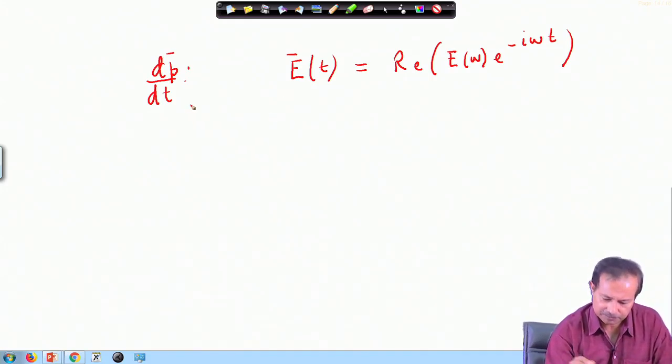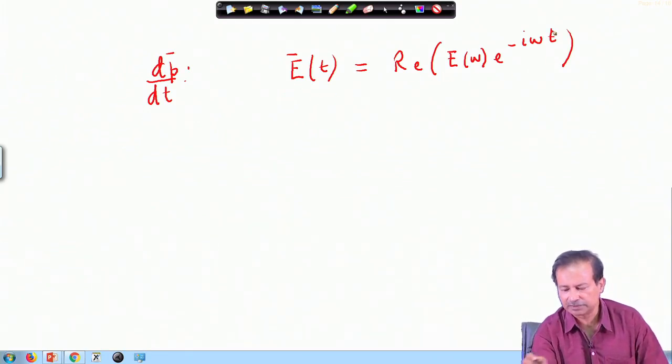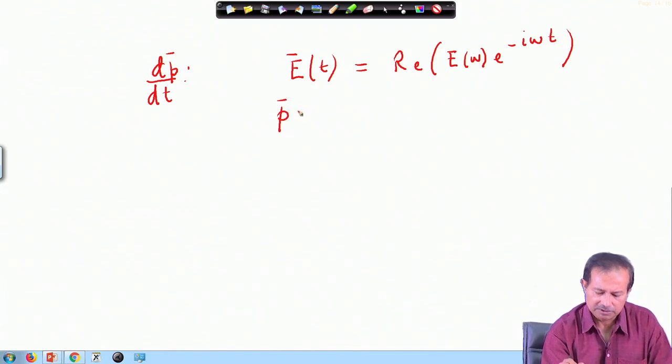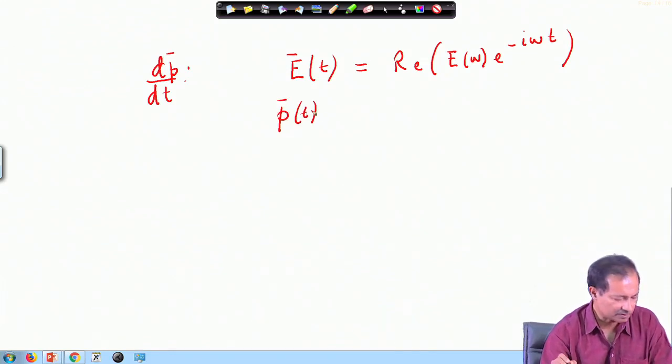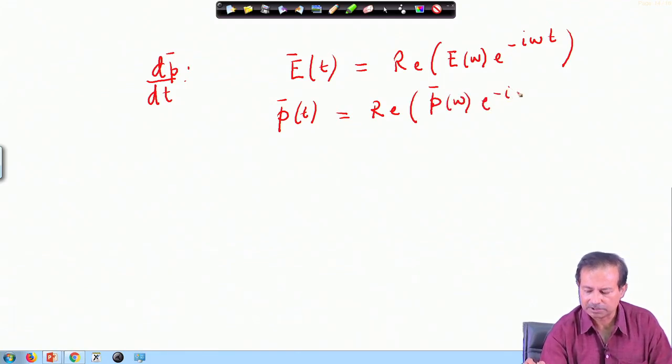And I remember that since E is varying with a single frequency, my momentum, the electron momentum, will also vary with the same frequency. So, I can write my momentum of the electron as the real part of p of omega e to the power minus i omega t.